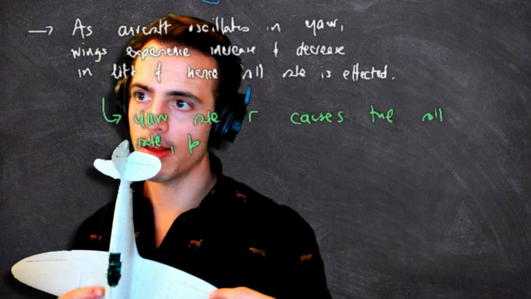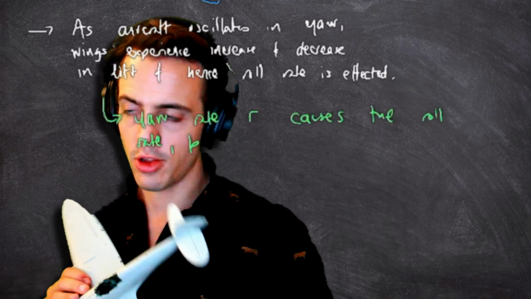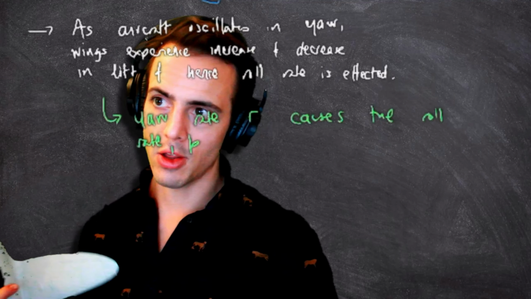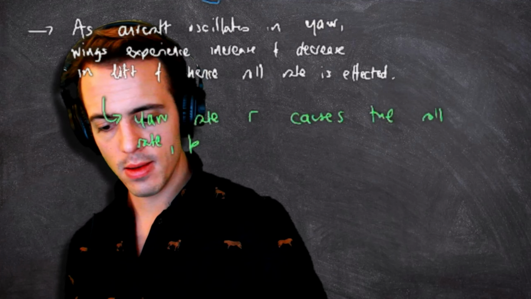And we'll actually see that the roll attitude and the yaw attitude are 90 degrees out of phase.